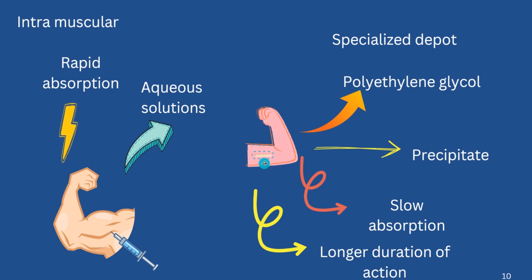From the implant site, it will get precipitated and then released. So the absorption will be slow because it has to get precipitated out, it has to be absorbed, then it will go to the site of action. So it has a relatively longer duration of action and slow absorption.